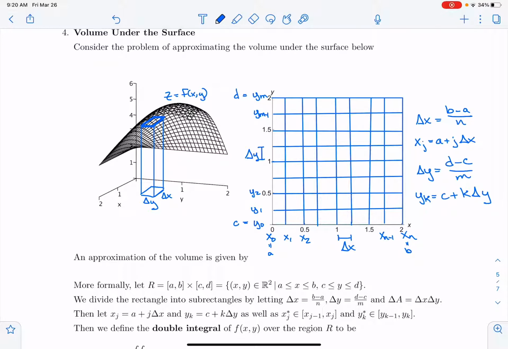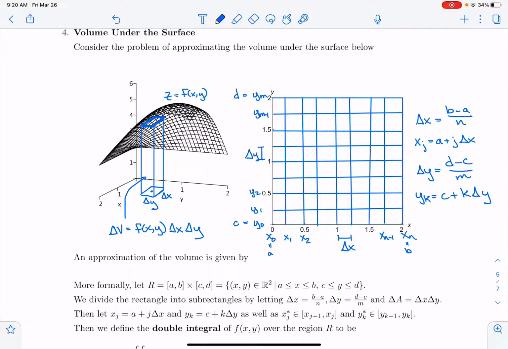So if I want to approximate the volume underneath this surface, then I want to take the volume of one of these rectangular prisms. The volume, I'll call that delta v, is going to be the height of the function, f of x, y for some particular x and y inside that rectangle, times delta x times delta y.